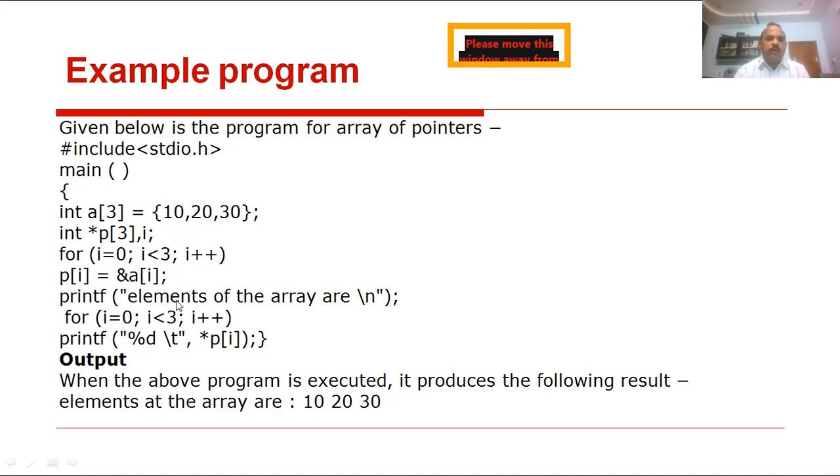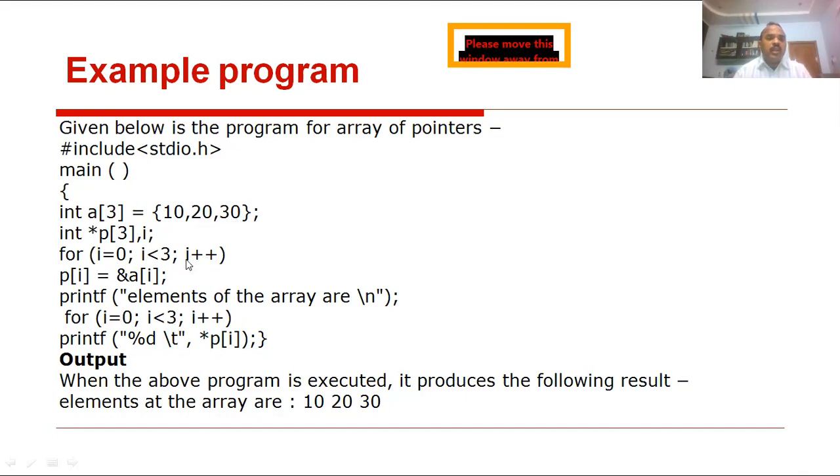Clear? Print the elements of the array. See, all of you, I equal to 0, I less than 3, I plus plus, printf percentage d slash t asterisk P of I. So first it displays the 0 location value, which is 10. Then P of 1, that is the P of 1 address location value, equal to 20. Next P of 2, 30.